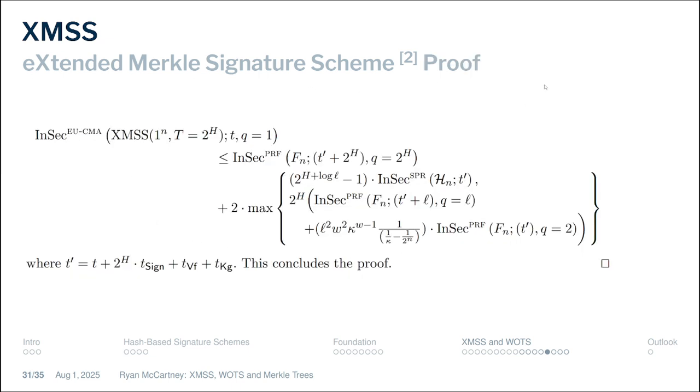For this proof, this is a very stripped down version of the original proof, but they end up at this final formula, and this nsec is equivalent to an advantage, for people that don't know this notation.